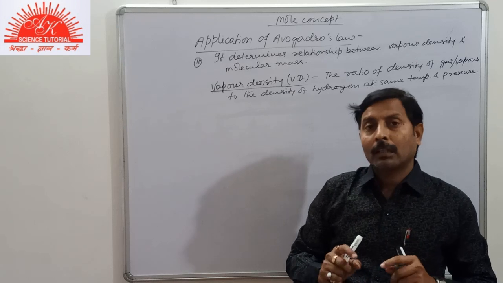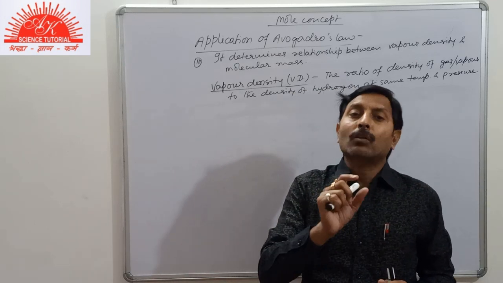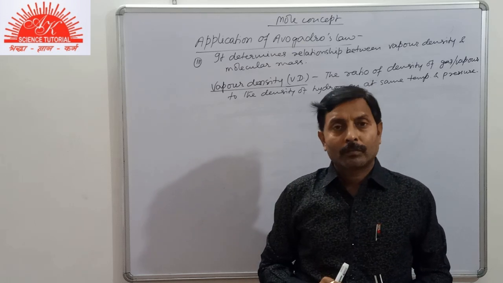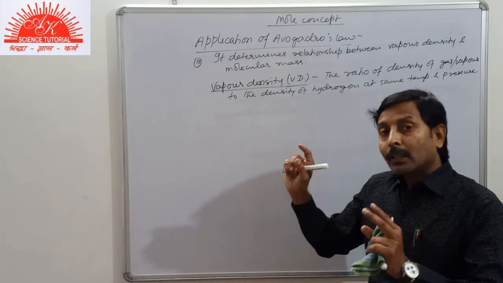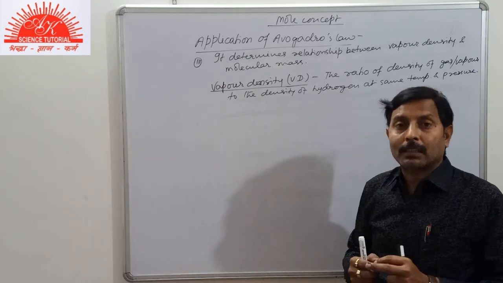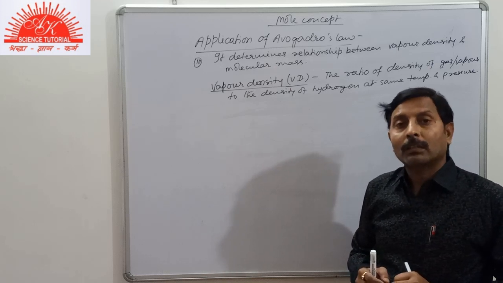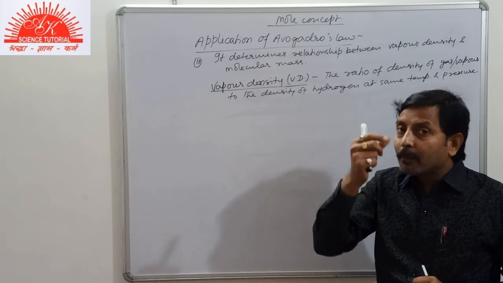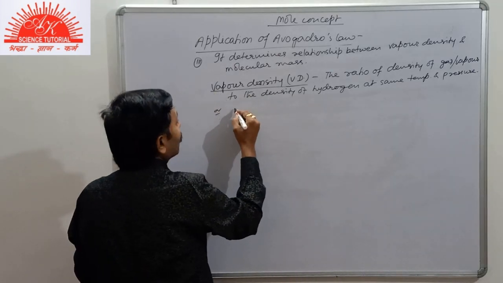Now next thing, as we know, what is density? Mass per unit volume is called density. So the mass of unit volume of gas by the mass of unit volume of hydrogen means the same volume is taken. So there is another definition for it.